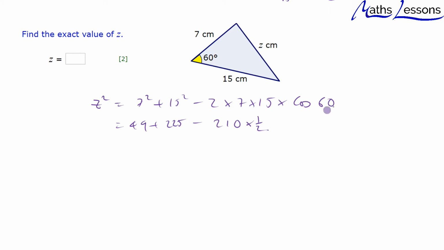And you're supposed to know that for your GCSE. So therefore we've got 49 plus 225 minus 105. That's going to come to 169. So z squared equals 169. z must equal square root of 169, which is 13.